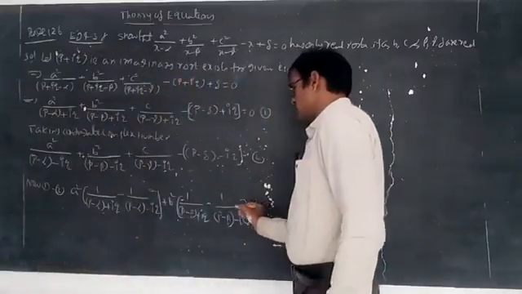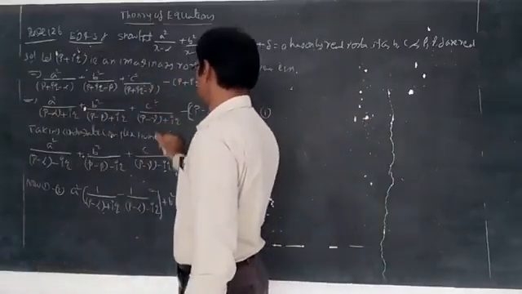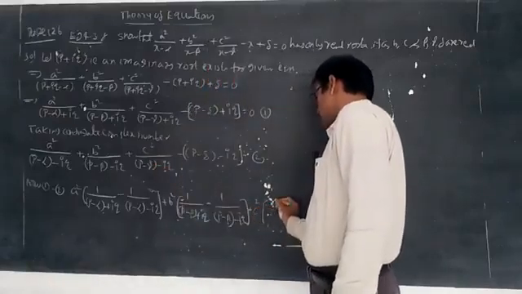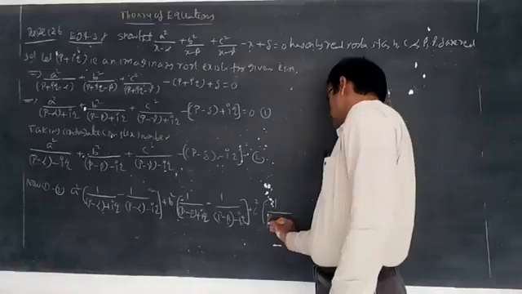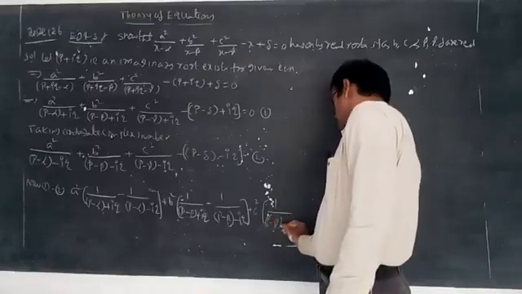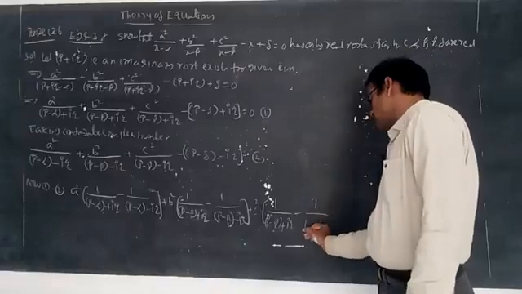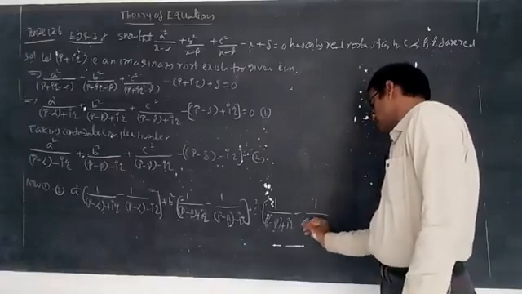Plus c square into 1 by p minus gamma plus iq minus 1 by p minus gamma minus iq.